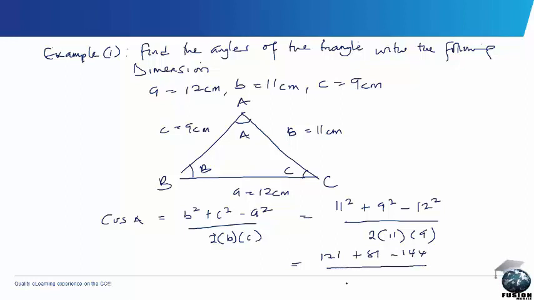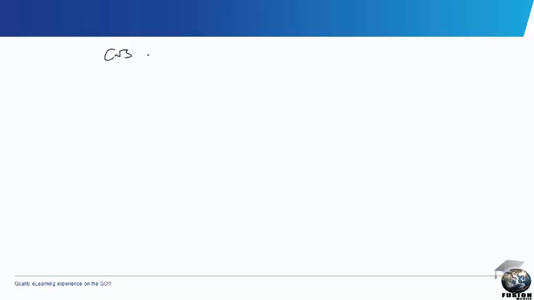Then 2 times 11 is 22, and 22 times 9 gives us 198. 121 plus 81 minus 144 gives 58 over 198. So cos A is equal to 58 over 198.